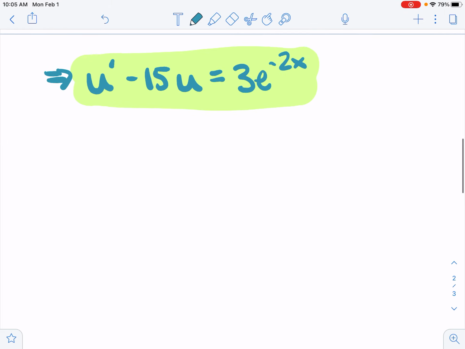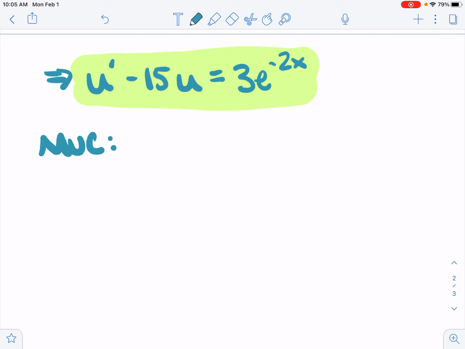So we now have a linear first-order differential equation. At this point, we could use the method of undetermined coefficients, or we can use the method of integrating factors. If we use the method of undetermined coefficients, which we can because this is a constant coefficient linear differential equation, the coefficients are constant. In the previous example, that wasn't possible.